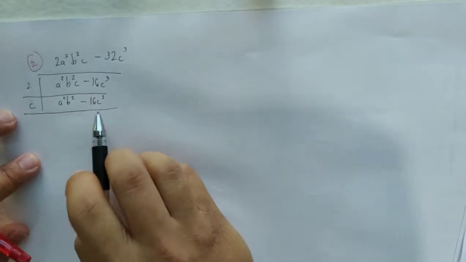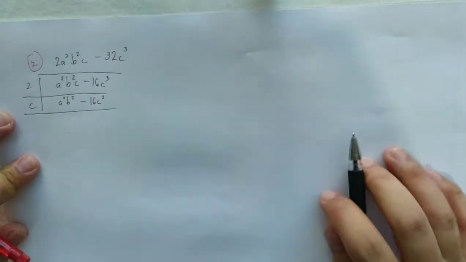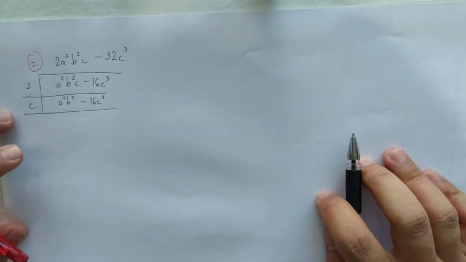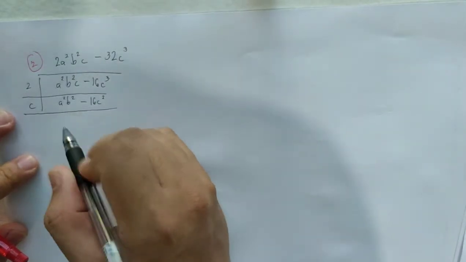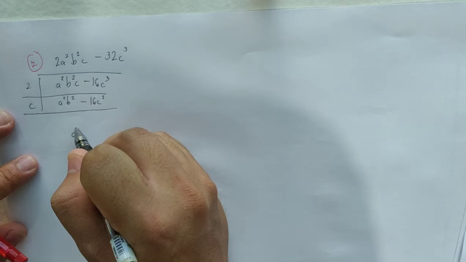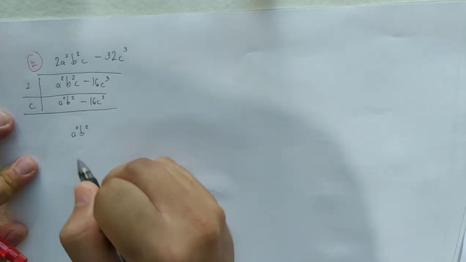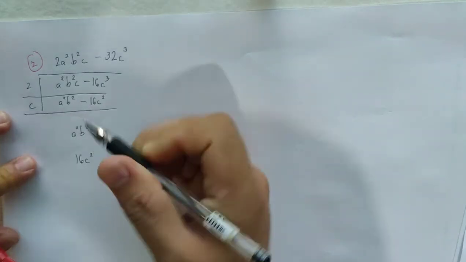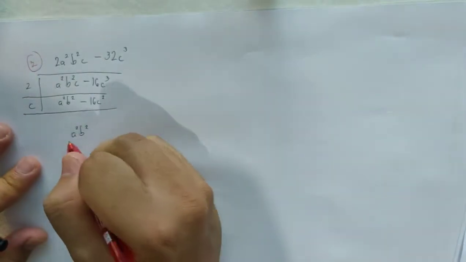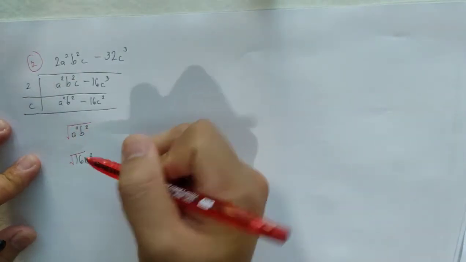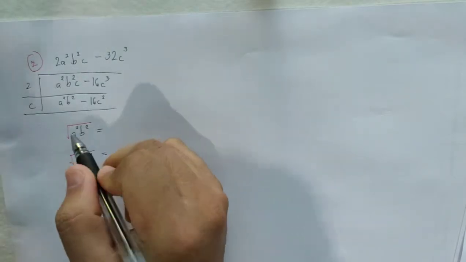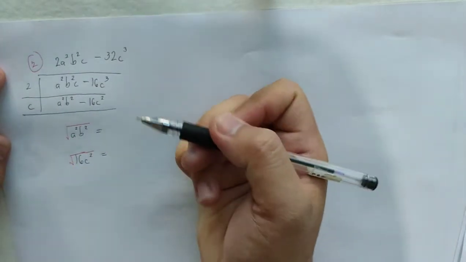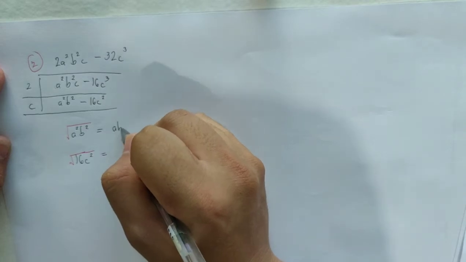Okay. Now, itong dalawang terms na to ay example na ng perfect squares. So, ang gawin natin, kunin natin yung principal root. Ano ba yung root nito? So, sulat muna natin: a squared b squared, kabila naman, 16c squared. Square root natin parehas. So, square root of a squared b squared ay ab.